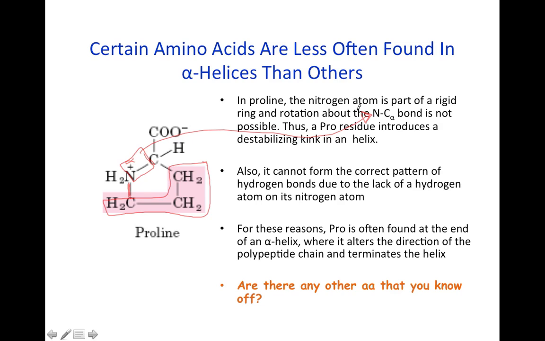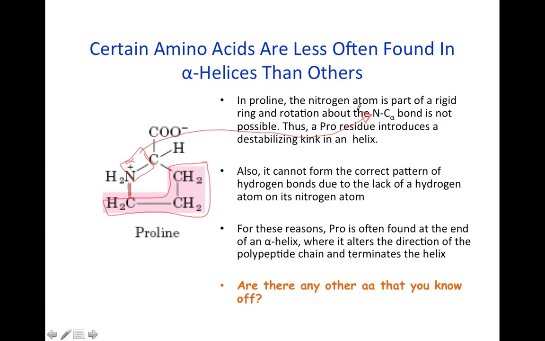And what we're saying is that because it forms this ring-like structure there, it prevents free rotation on this bond. And the resulting effect is that the proline residue will introduce a destabilizing kink in the helix. So it destabilizes the alpha helix.